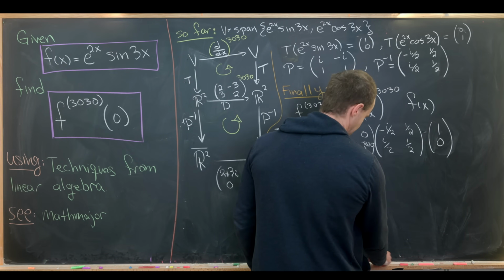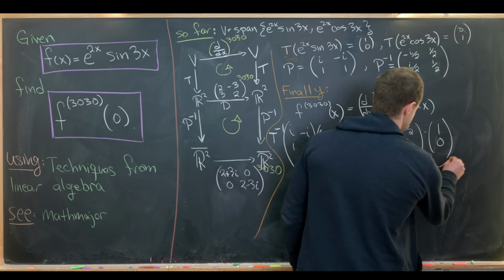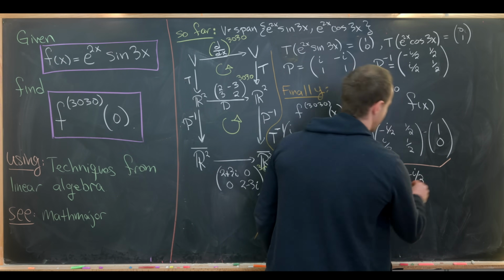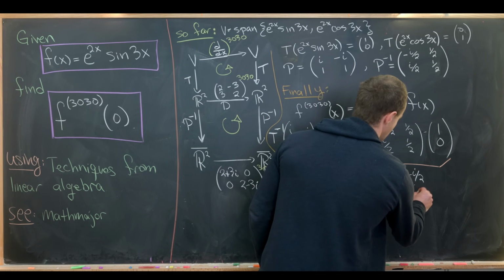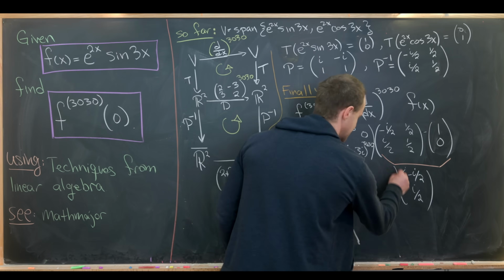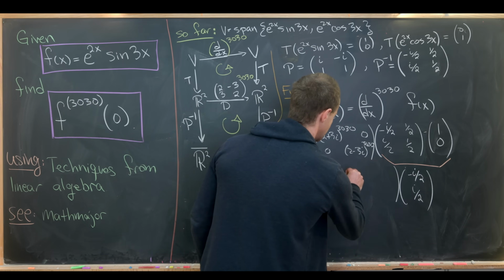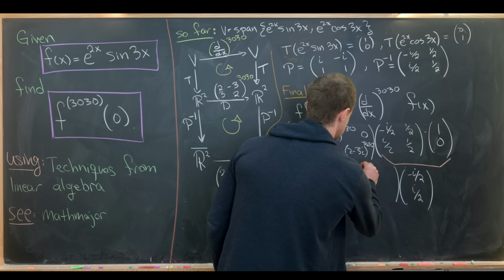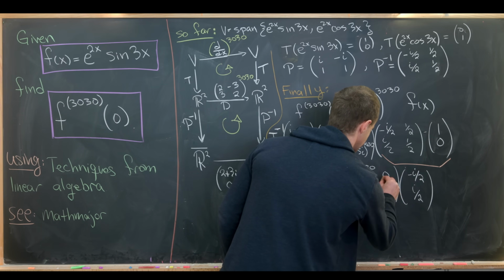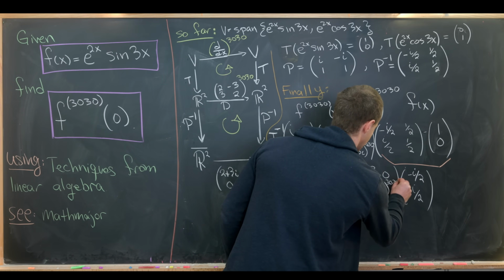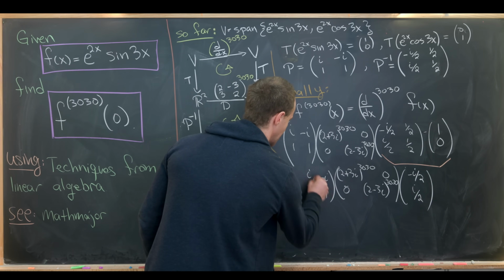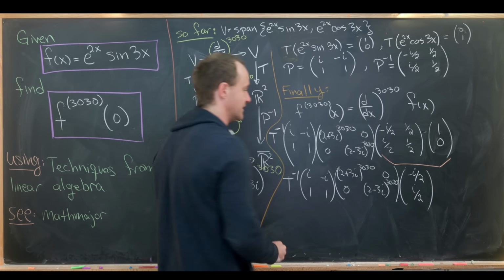If we do this matrix vector multiplication here, we'll get minus i over 2 and then i over 2. And then bringing the rest down, we'll need (2 plus 3i) to the 3030, 0, 0, (2 minus 3i) to the 3030. And then here we'll have our matrix i, 1, negative i, 1, and then here we'll have our T inverse.